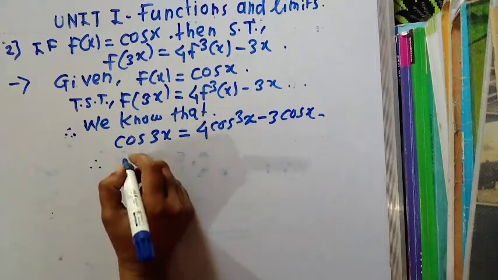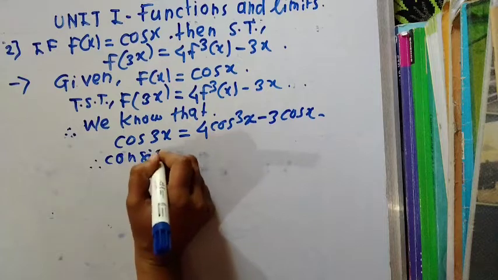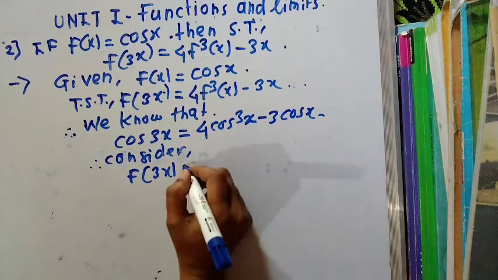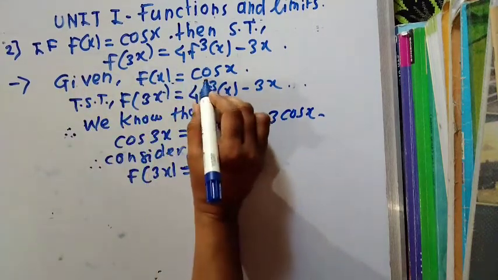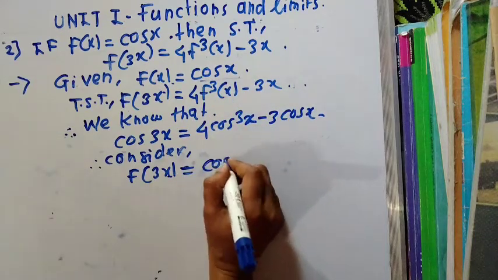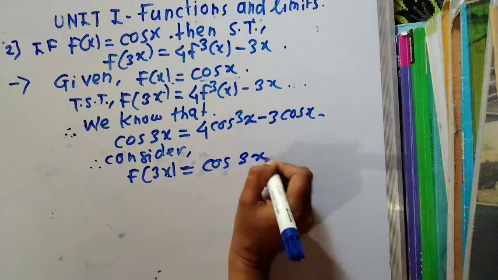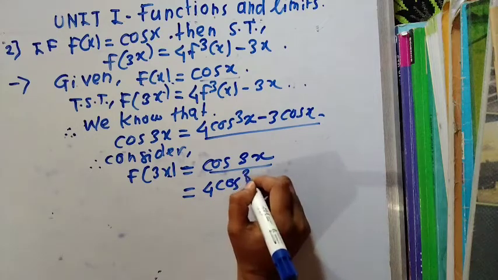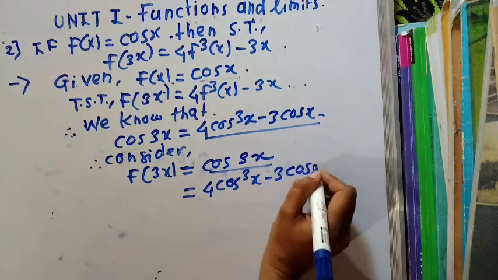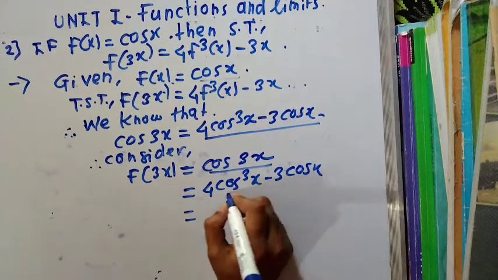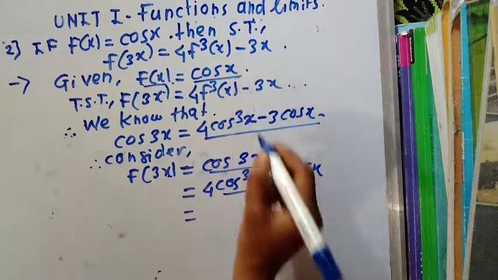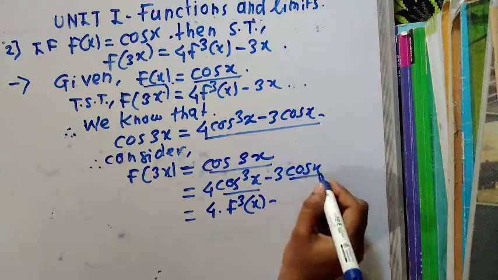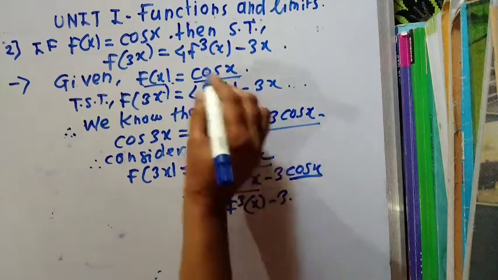So consider left hand side f of 3x, but f of x is the cos x, so f of 3x is cos 3x, but cos 3x is this value 4 cos cube x minus 3 cos x, but cos x is the value of f of x, so here cos cube x means f cube of x, and here cos x means f of x.